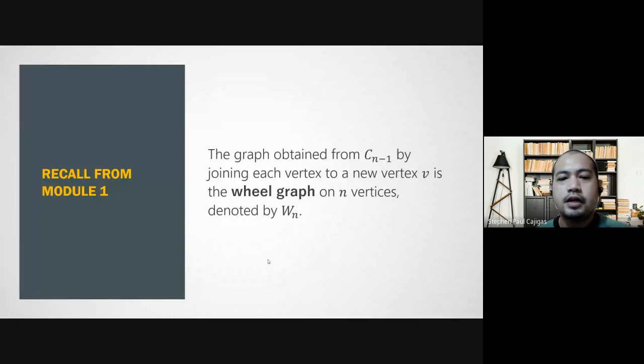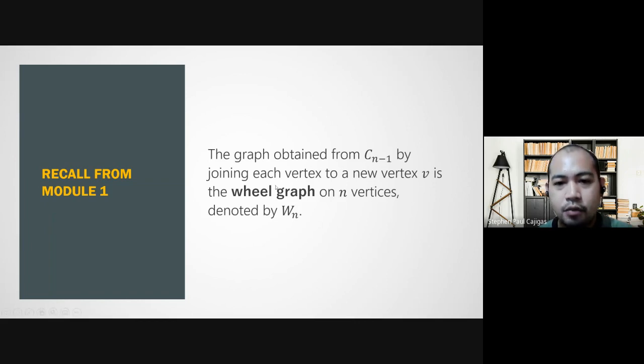Indeed, in module 1, let me go back to my PowerPoint. Okay. So in module 1, we have the definition of the wheel graph. The graph obtained from C with n-1 vertices, and then joined to one vertex, what we are able to get is the wheel graph on n vertices.